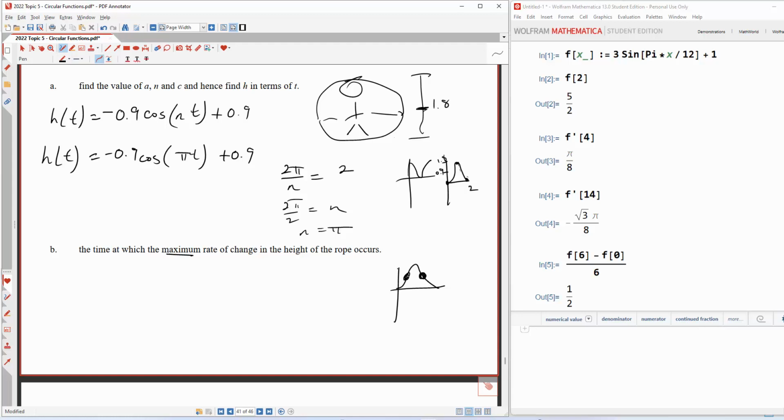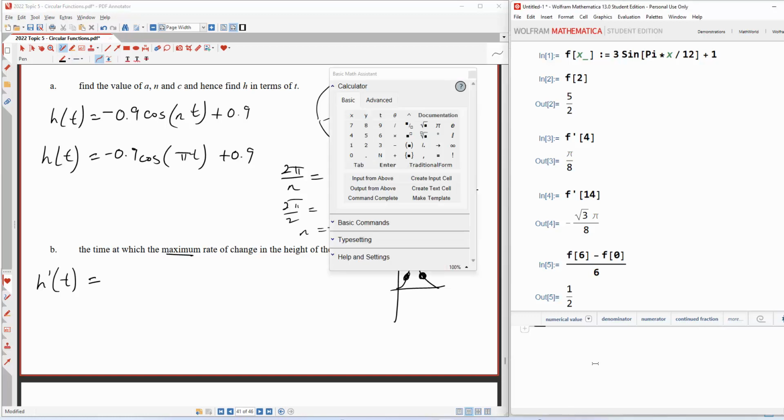Okay, so there's a couple of ways of doing this really. The first way is we can graph or imagine what the derivative function will look like. So we'll get h dash t equals. Let's go ahead and start this up on Mathematica. So get rid of that.